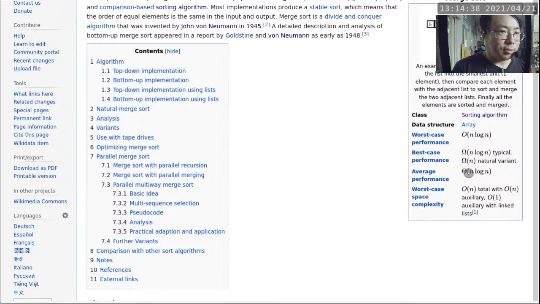Alright, so the question is: is the human brain a non-deterministic machine? In the sense of Turing machines, it is not, because a non-deterministic machine in Turing's sense means you can basically spin off a new thread whenever you feel like it.